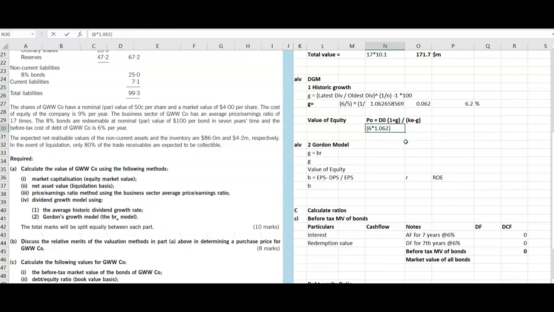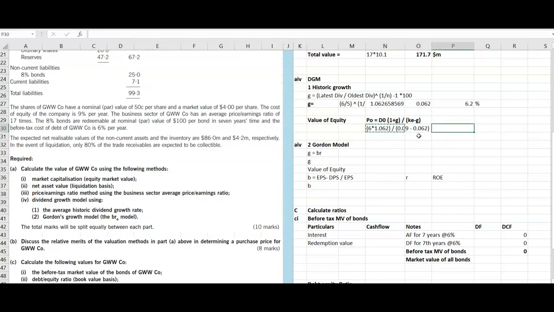This is the numerator. The denominator is KE minus G. What is KE? The cost of equity of the company is 9%. So we will take it as 0.09 minus G, 0.062. Close the bracket.